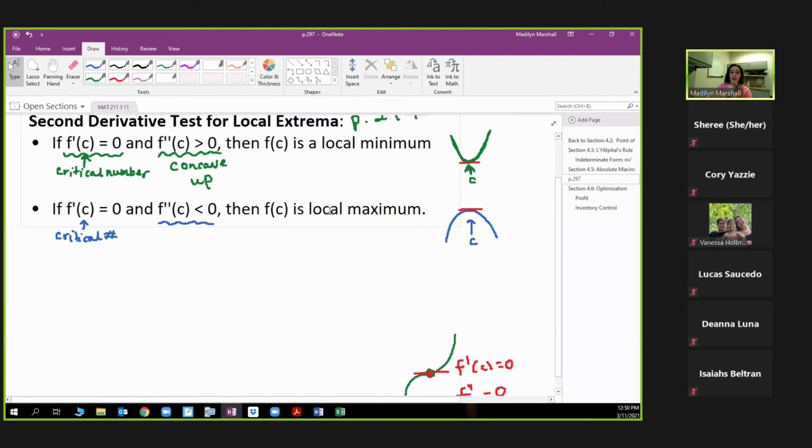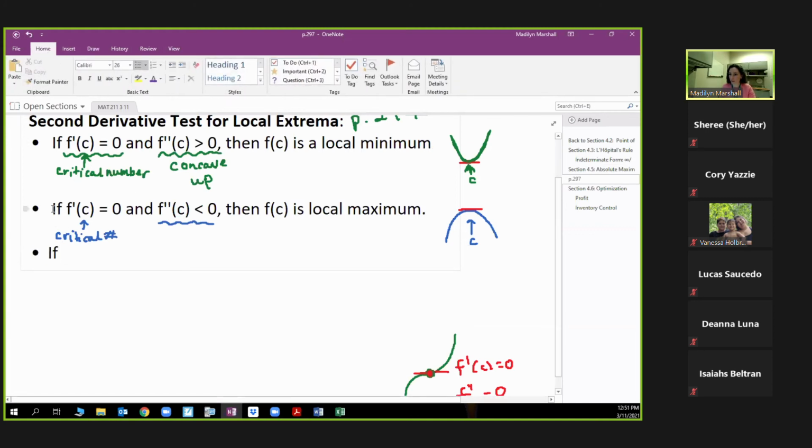This test breaks down if the second derivative is 0. So if f prime of c is 0, so still a critical number, but the second derivative is also 0, we can't say anything.